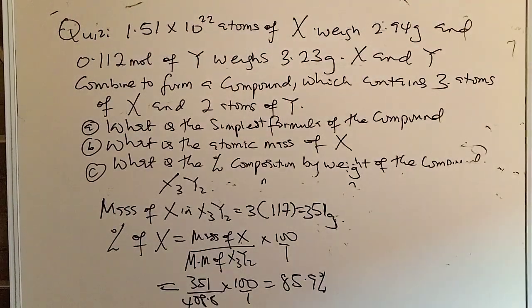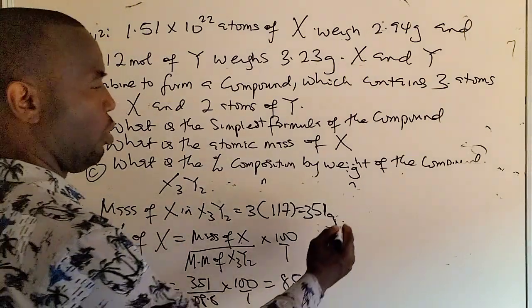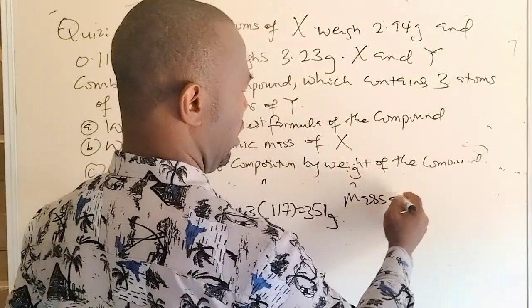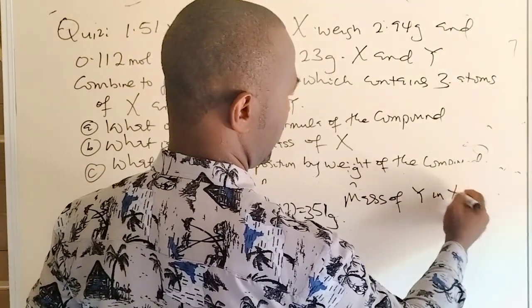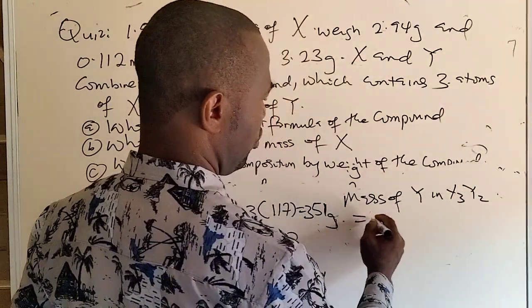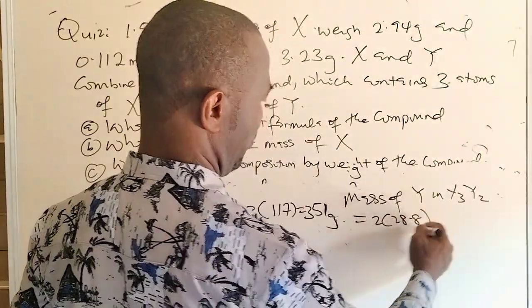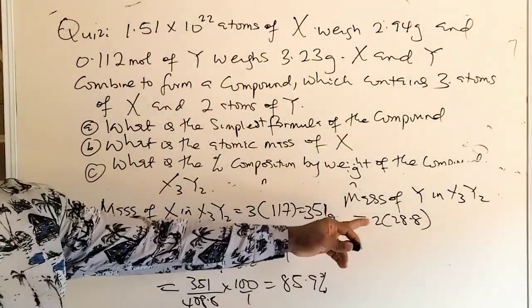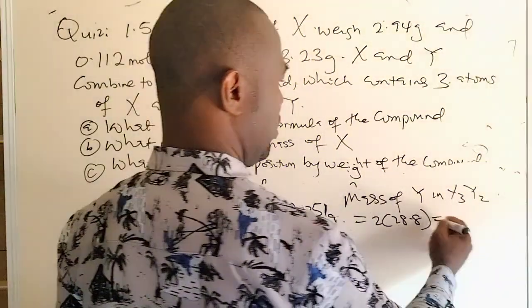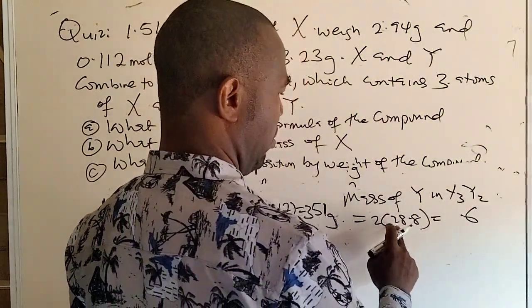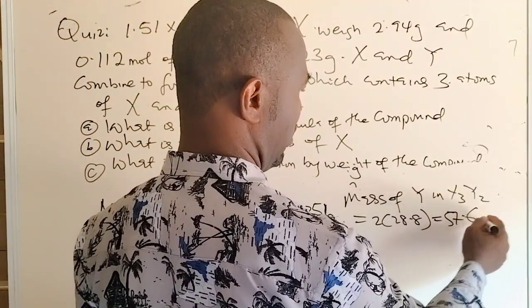So, to find the percentage by weight of Y, the same process, you find the mass of Y in that compound. So, mass of Y in S3Y2 becomes 2 times 28.8. Remember, we got the mass of Y. That gives us 57.6 grams.